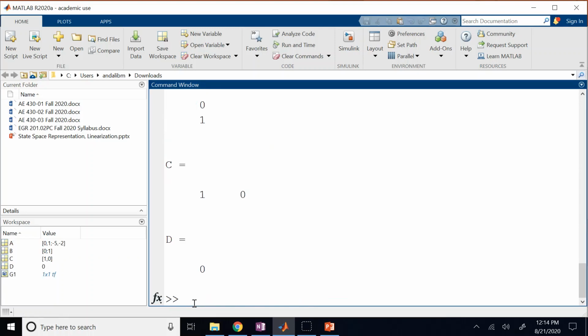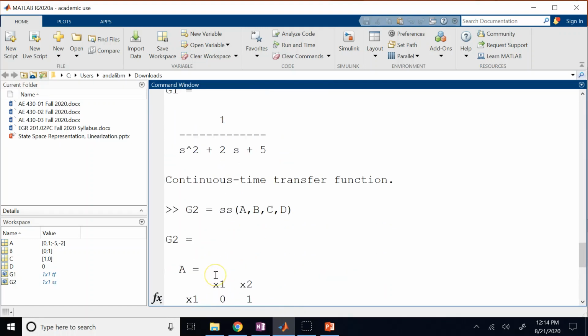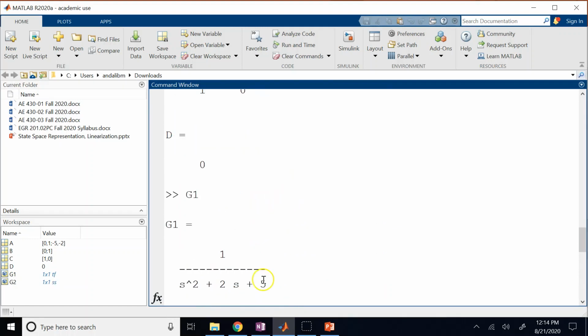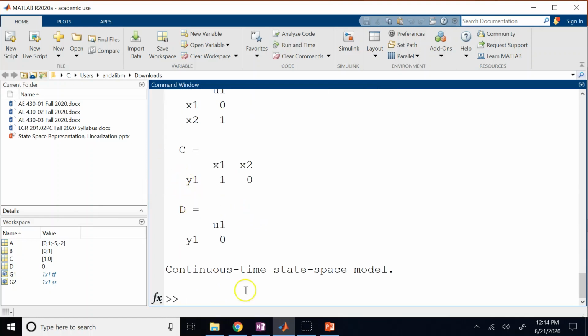So G1 is the one defined by the transfer function. Now G2, I define with A, B, C, and D and the command SS. When you do it with the command SS, do not expect the transfer function back. You will get a system G2, but it will be displayed in the state space manner.